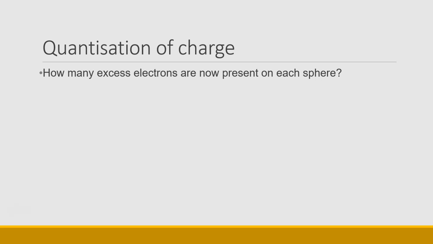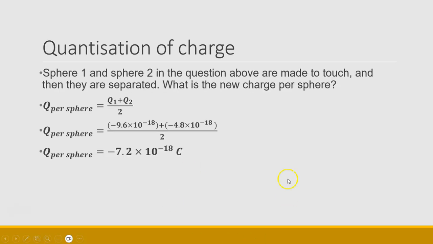How many excess electrons are now present on each sphere? We just calculated that the total charge on each sphere is this value over here. So we need to work out how many electrons this value equates to.